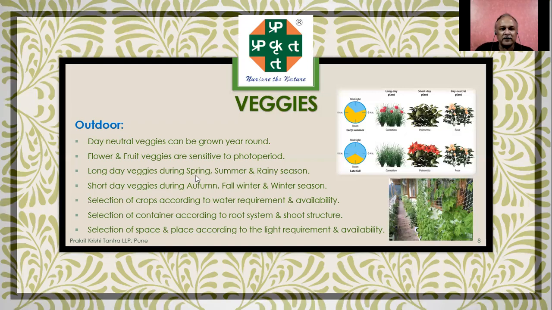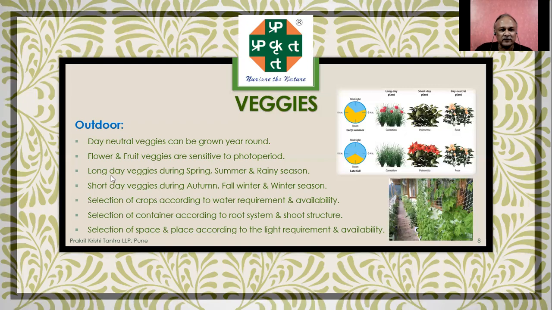But in southern hemisphere, the long day condition will be from 21st September to 21st March. The just opposite of that will happen in short day condition, that is autumn, fall and winter. In northern hemisphere, it will be from 21st September to 21st March, and in southern hemisphere, it will be from 21st March to 21st September. So this is how the short day and long day work.